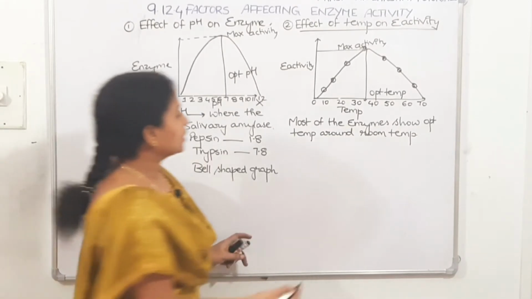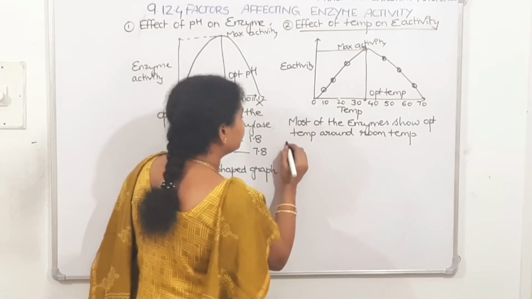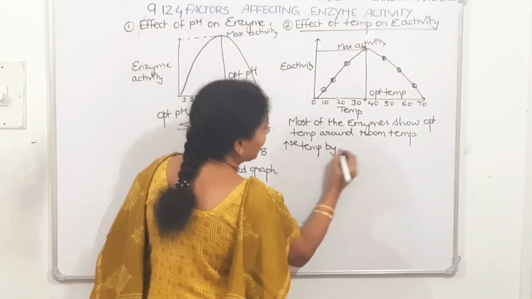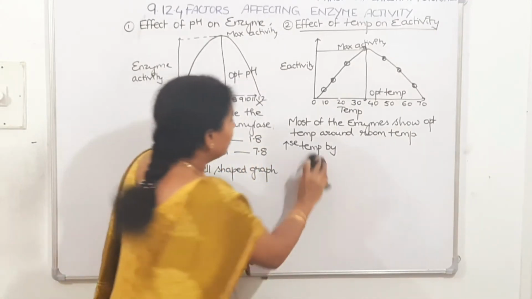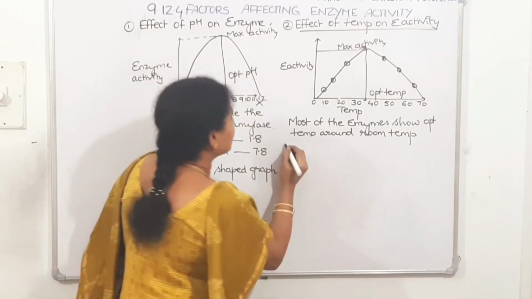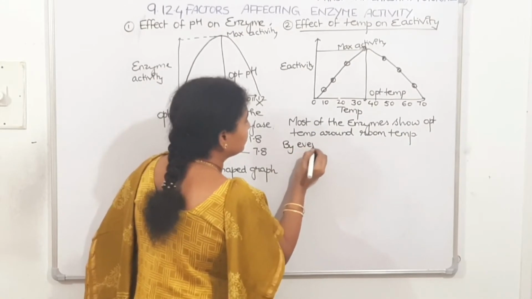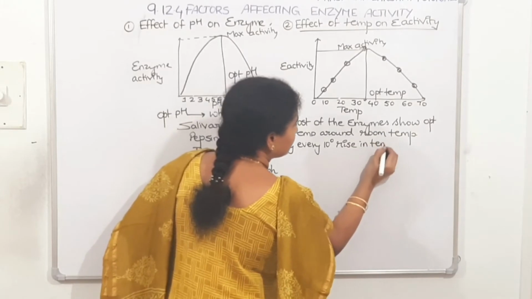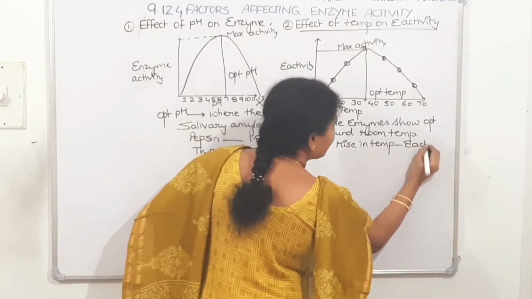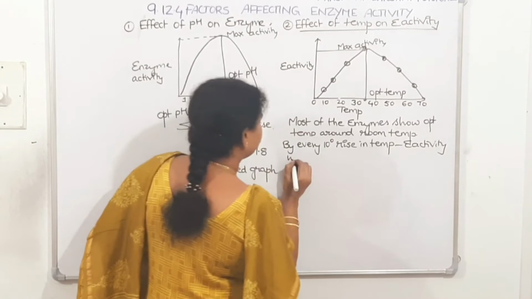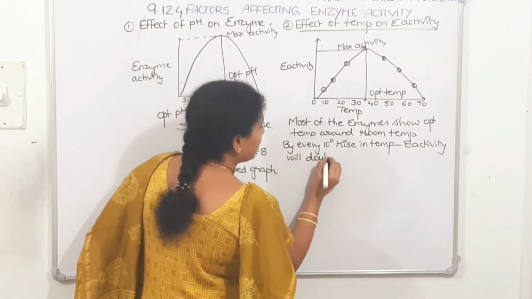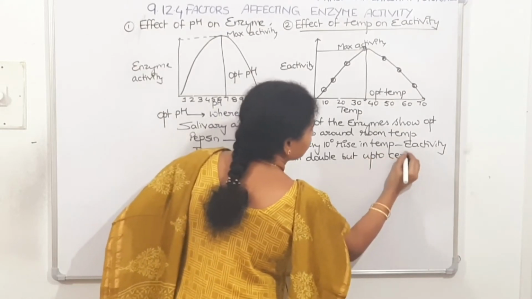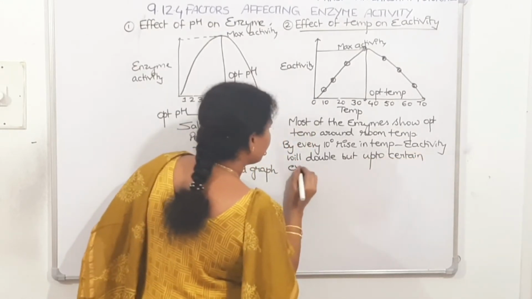Now what happens if you increase the temperature? For every 10 degrees rise in temperature, enzymatic activity will double, but only up to a certain extent.